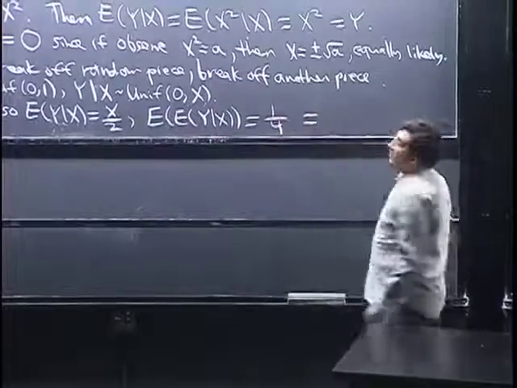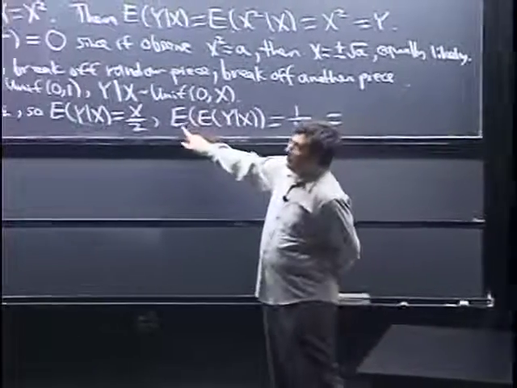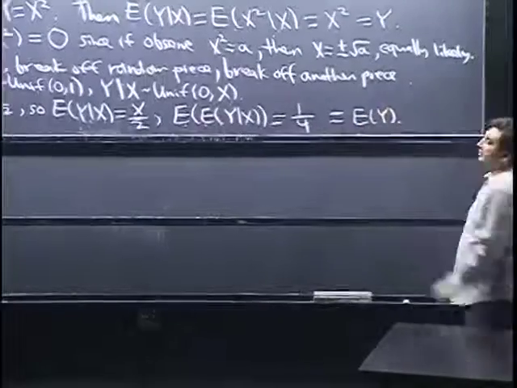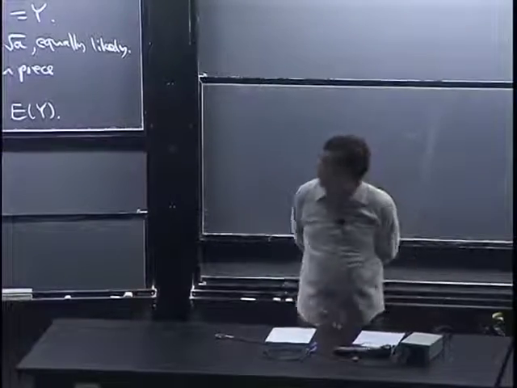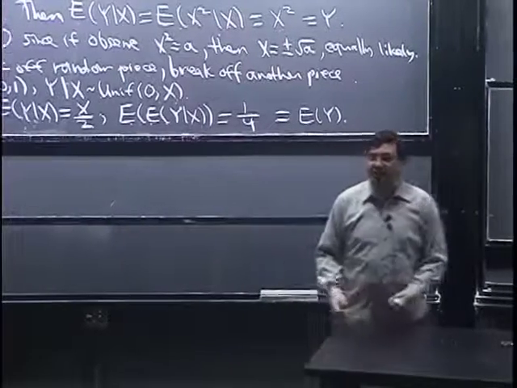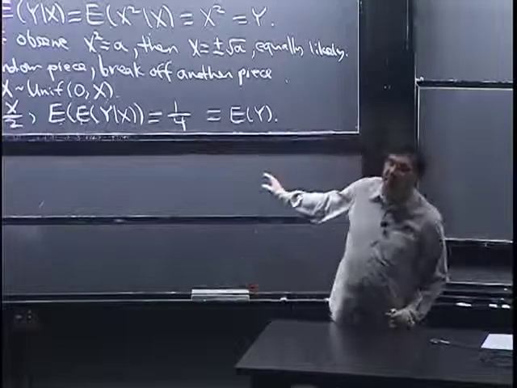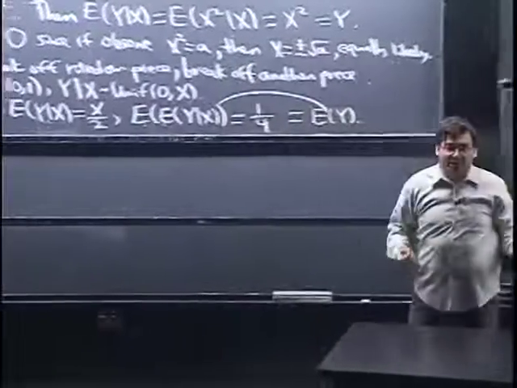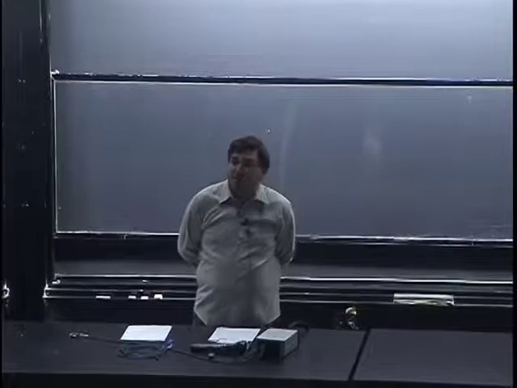And I also said at the very end last time, we didn't prove it yet, but we'll prove it today, that just in general, not just for this problem, E of E of Y given X is just E of Y. So that would be a quick way to get the expected value of that second piece after we break twice. And 1/4 seems pretty intuitive, right? Because on average, you're taking half the stick and then half the stick again. So that seems reasonable, but as we've seen many times, our intuitions could be wrong. But in this case, it's pretty intuitive, and that actually proves that that's true, at least once we know that this equals this, which I stated, but we haven't proven yet. Okay? So those are just a couple quick examples.